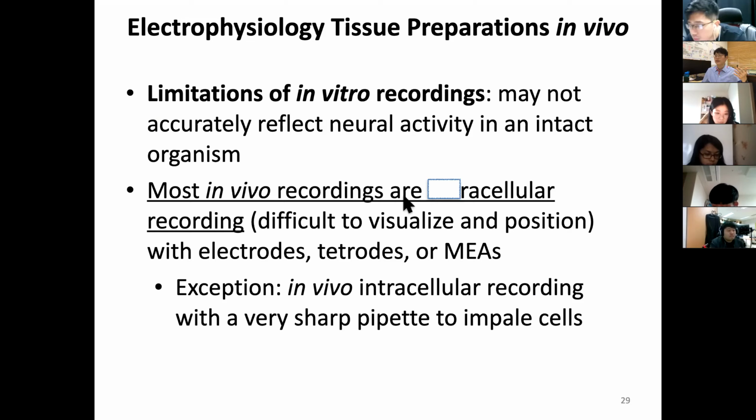So most in vivo recordings will be extracellular, of course, because you cannot see the cell well. It's difficult to visualize, difficult to precisely position, and you use electrodes, tetrodes, or multi-electrode arrays. At the forefront, some people can claim, hey, I've done in vivo intracellular recording with a very sharp pipette to impale the cell. One can report that, but it's very, very difficult.